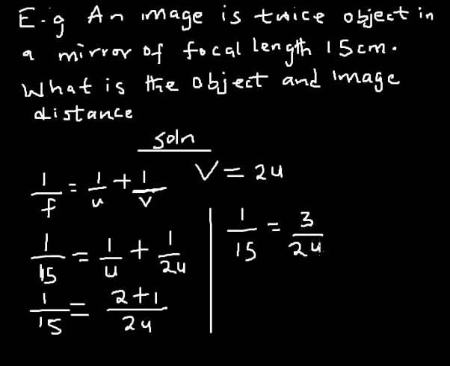So I can cross multiply: 2u multiplied by 1 gives me 2u, and 3 times 15 is 45. So u is going to be equal to 45 divided by 2. So that should give me, how many is that?